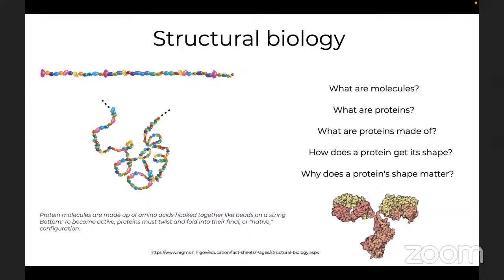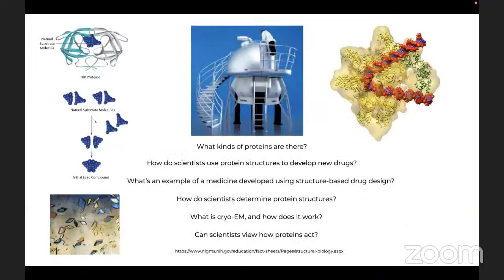I hope this basic introduction is helpful for many of you, and I know many of you are already aware of this. The next thing I wanted to discuss is what kinds of proteins are out there, and how scientists use protein structure to develop new drugs. What are examples of medicines developed using structure-based drug design?